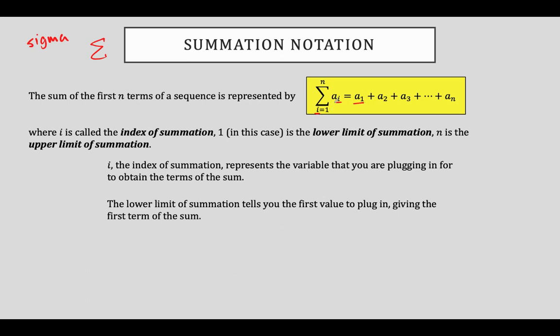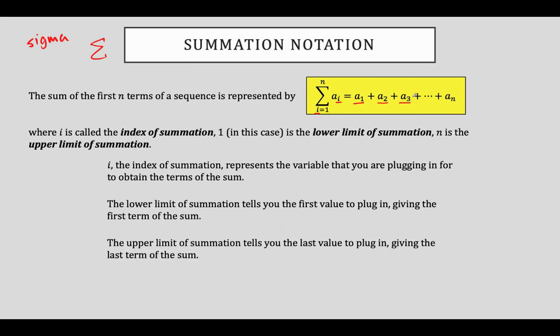Then we continue to substitute in each consecutive integer. After we plug in 1, we would plug in 2 to get the second term of the sum. Then we would plug in 3 to get the third term of the sum. And we would continue until we get to the upper limit of the summation. So the upper limit of the summation tells you the last value to plug in, giving the last term of the sum.